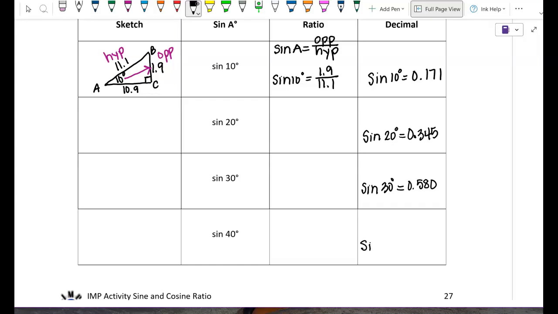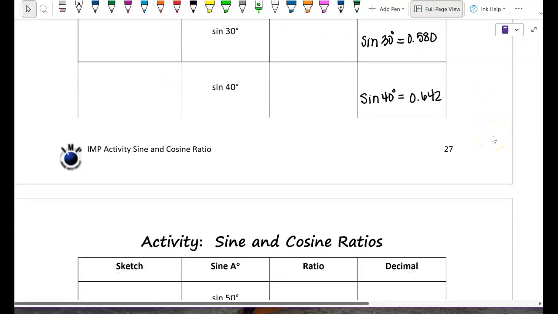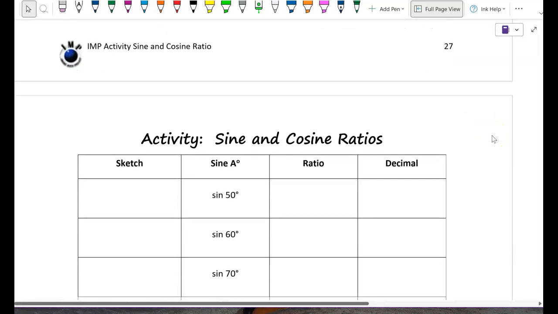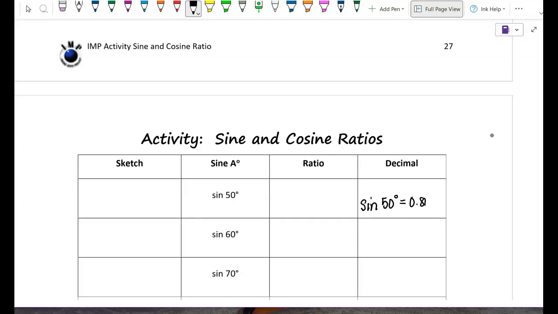All right, Mr. Mendoza, do you have the sine of 40 degrees? 0.642. Then Gabriel, your group, the sine of 50 degrees. 0.866.